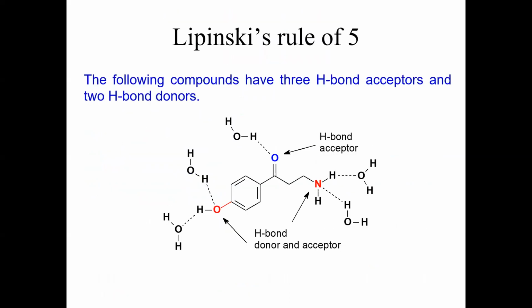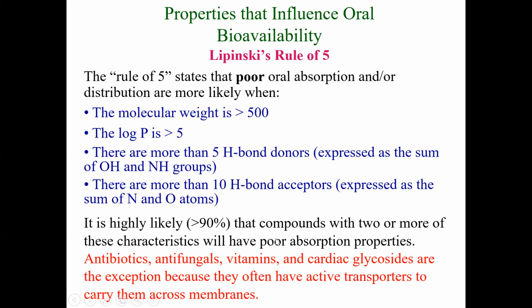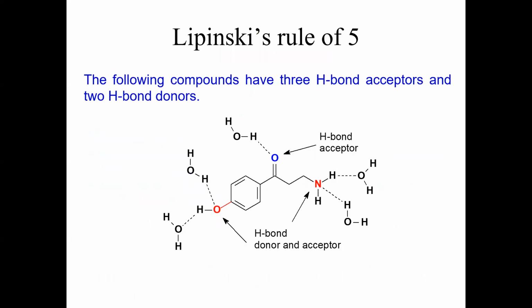Now, the next slide is just an example of a drug that is dissolved in water. A very simple example. So you see, this is the drug, and then you have dotted lines here that react with water molecules. Now, if we look at the number of hydrogen bond donors and the number of hydrogen bond acceptors within that compound, if we first look at hydrogen bond donors, the number of OH and NH groups.